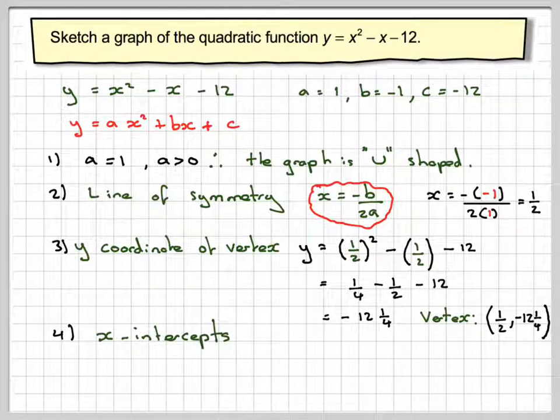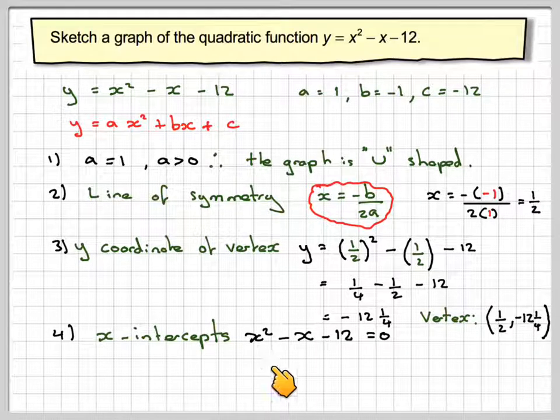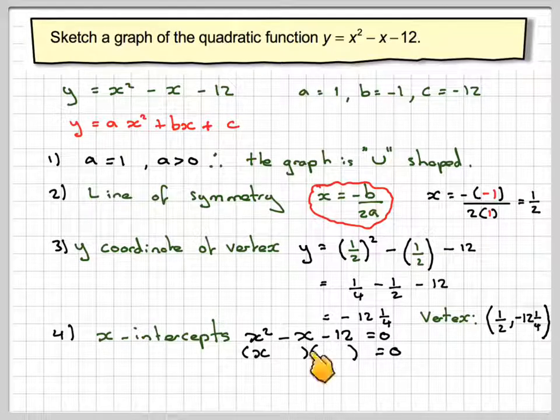The x-intercepts we can find by solving x² − x − 12 = 0. If this was a difficult one, we'd use the quadratic formula, but it's quite easy to factorize. If you can't factorize it, you can use product-sum factors. If we open up 2 brackets, we've got x and x. What are the factors of 12?